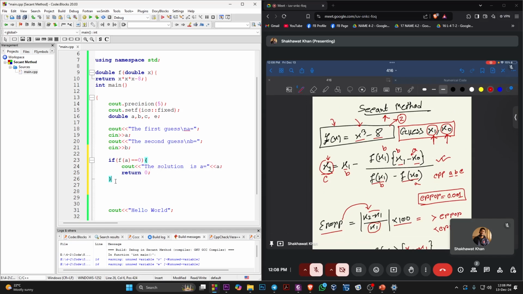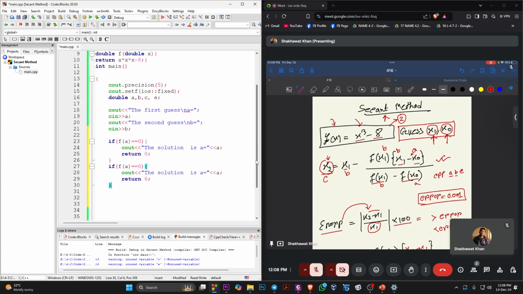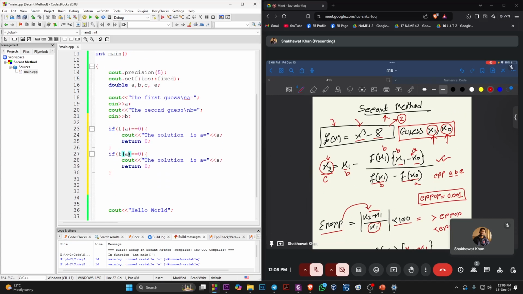And if this does not happen, I will disclose another condition here, if my B is equal to 0. So if I fortunately guess my A or B value for the right solution, I don't have to dive in the second method, so my program will be terminated at that point.